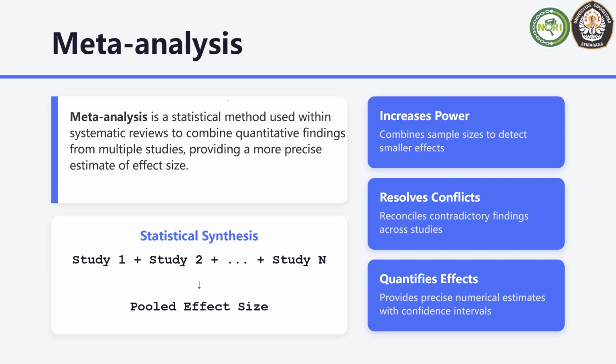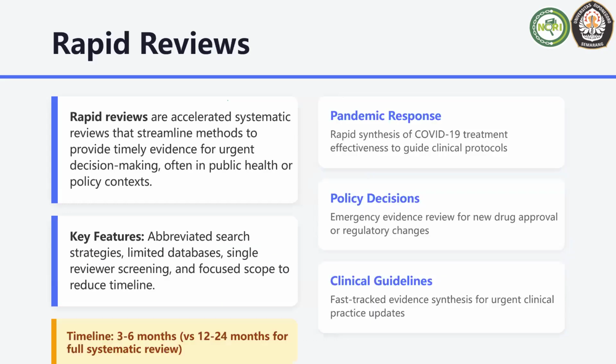You come up with one prevalence or one incidence after merging all these together. So that is what we call a meta-analysis. It is quantitative in nature. You combine statistics of paper one, paper two, paper three, and then you formulate one statistical figure from those papers.